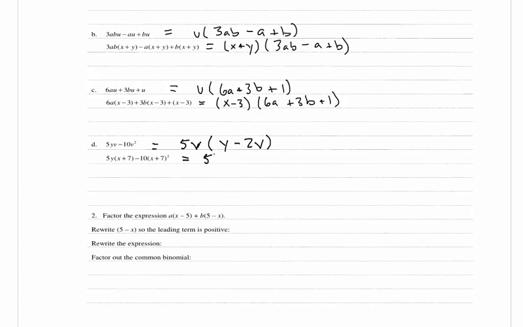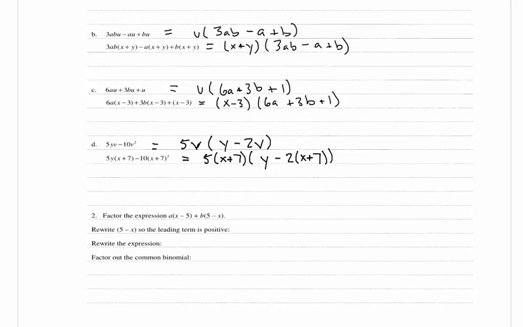So we're going to have 5 times (x + 7) times, if we factor out a 5 times (x + 7) from 5y times (x + 7), we're left with y, minus 10 divided by 5 is 2, and then we have a factor of x + 7. And we can see that the v from our first expression was replaced by an x + 7 in our second expression.